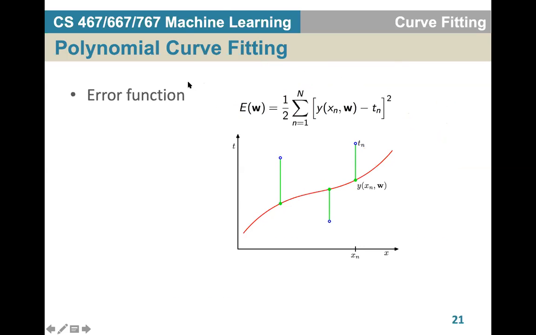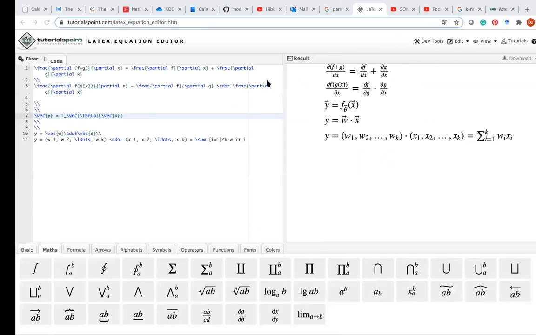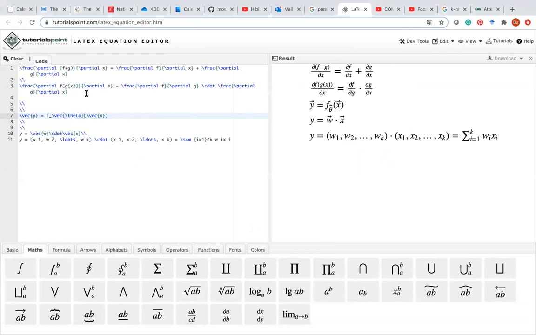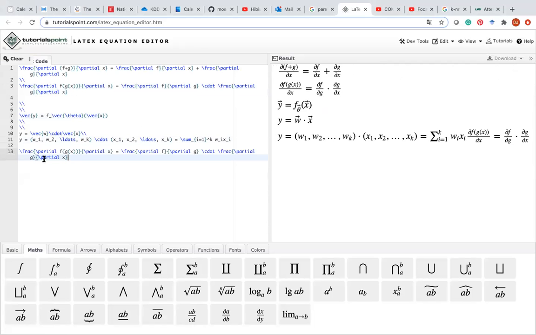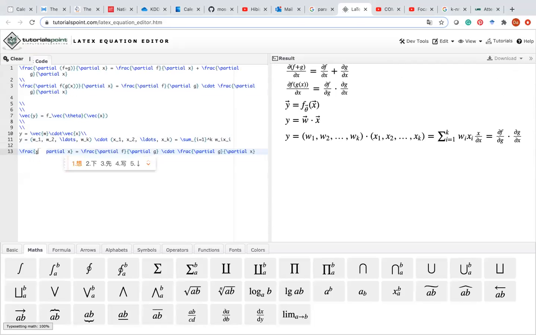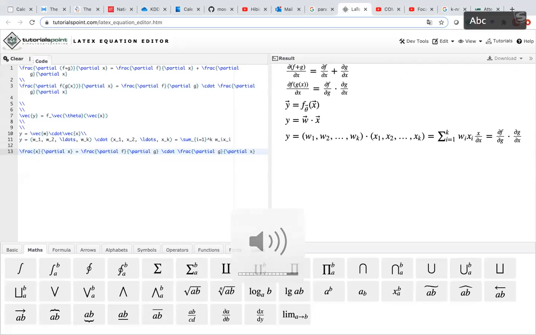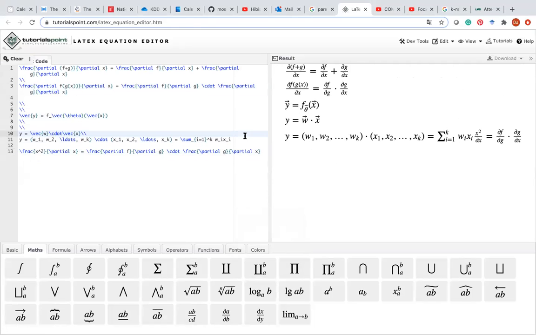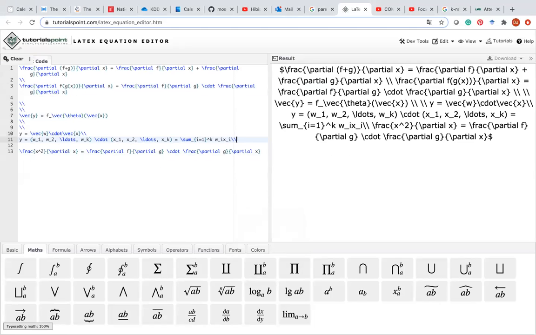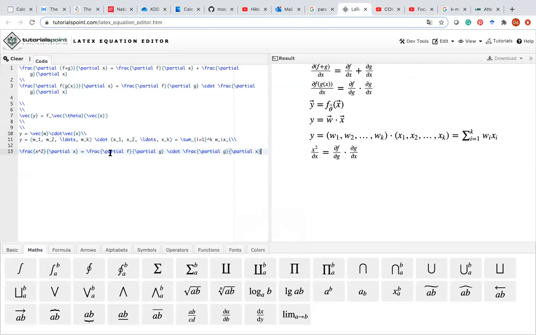This is because, if you take a derivative, let me take something here. If you take a derivative of x squared, because we have a squared error, right? So x squared, what's the value of the derivative?